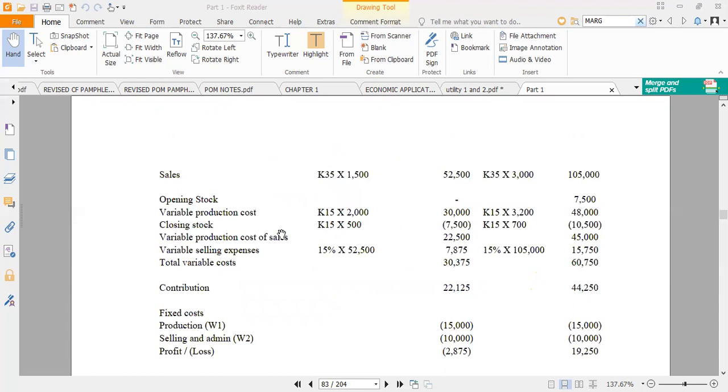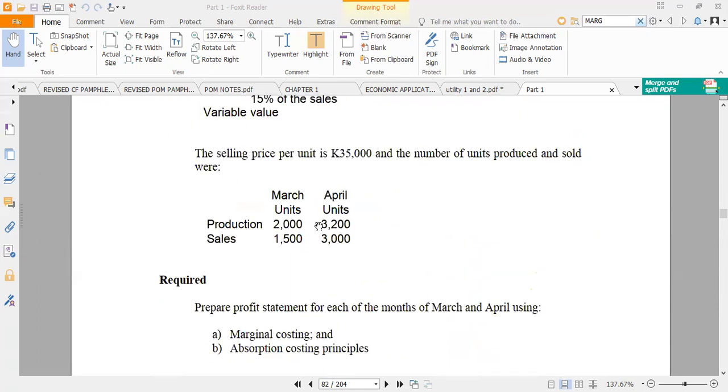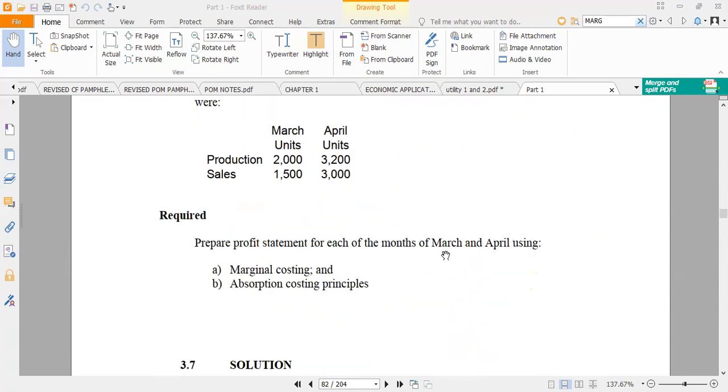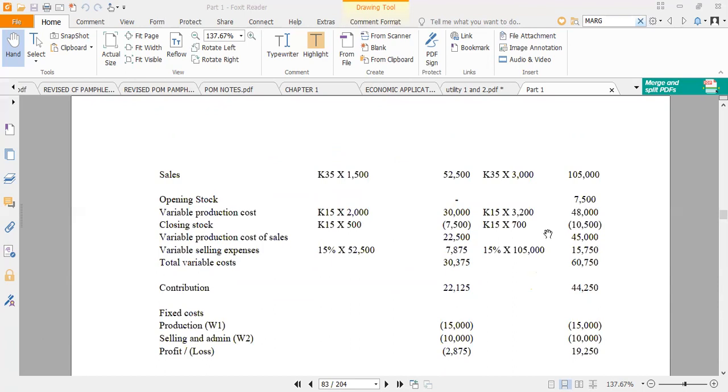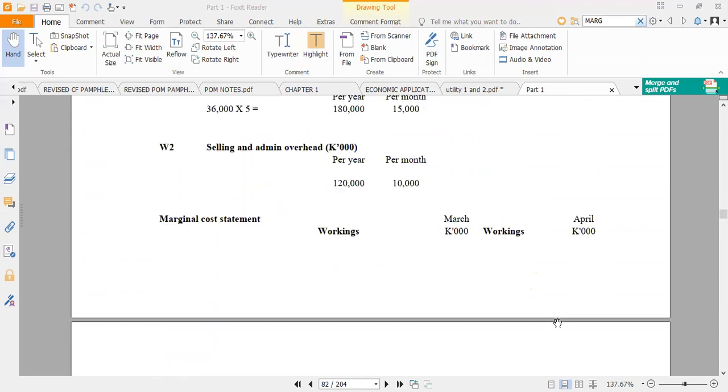So it's giving us 7,500. Then variable production cost will be 15 multiplied by the 3,200 units we produced, so we are getting 48,000. Then closing stock was 15 by 700. The 700 was a result of the closing stock of 500 plus production of 3,200 minus 3,000.